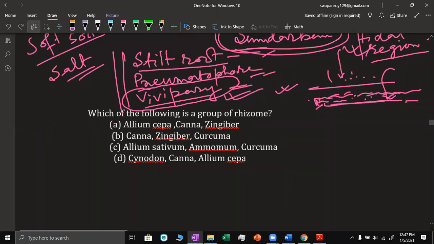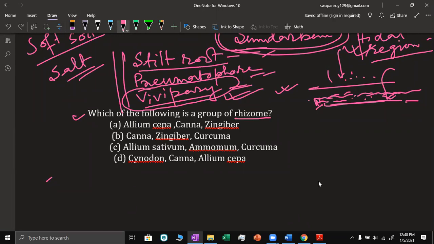Okay, come to this now. Now come to the stem. Which of the following is a group of rhizome?